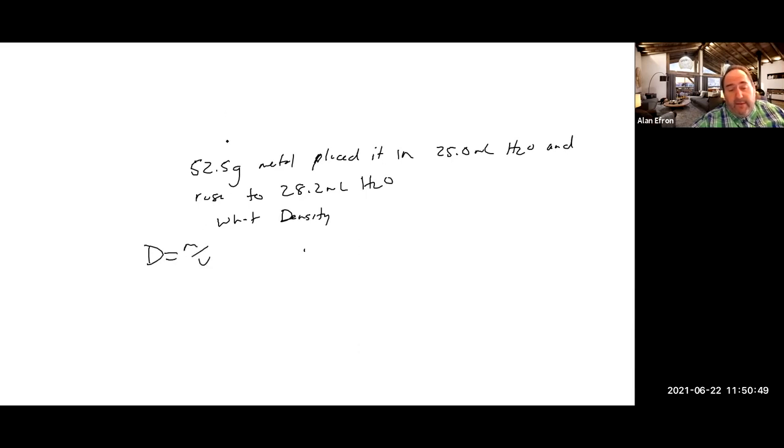We already know that the mass here is 52.5. This is basically the same situation as we just were talking about. We had an initial volume of 25. We put the object in there. It went up to a final volume of 28.2.